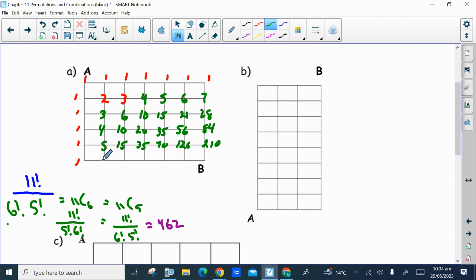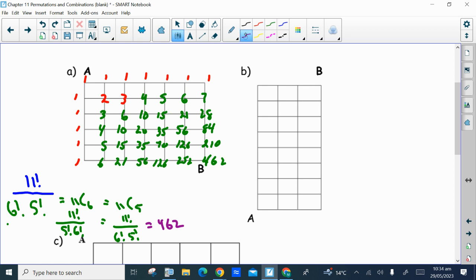And then the last row, and then finally 252 and 210 gives us 462, which is the same answer we got using combinations.